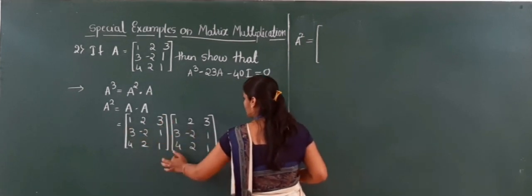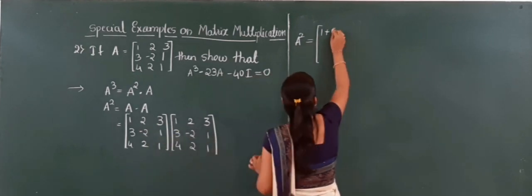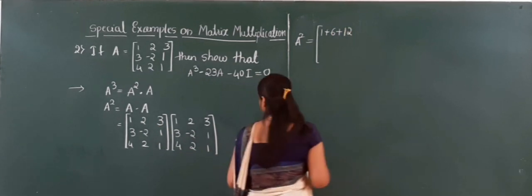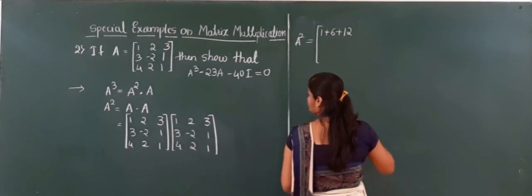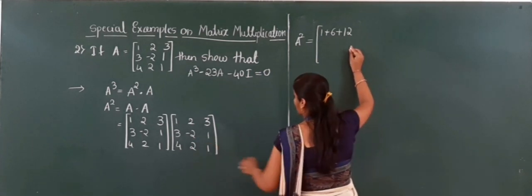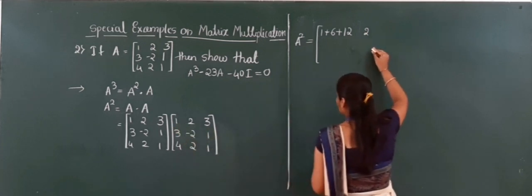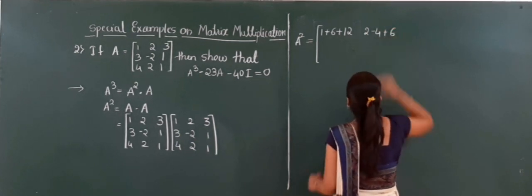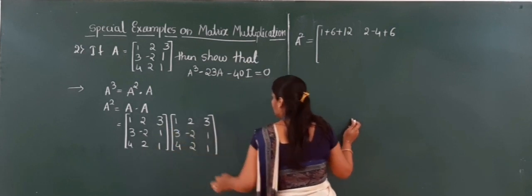First row, first column: 1 into 1 plus 2 3s are 6, 3 4s are 12. Okay. Next, first row, second column: 1 2 are 2, 2 2s are minus 4, 3 2s are 6.